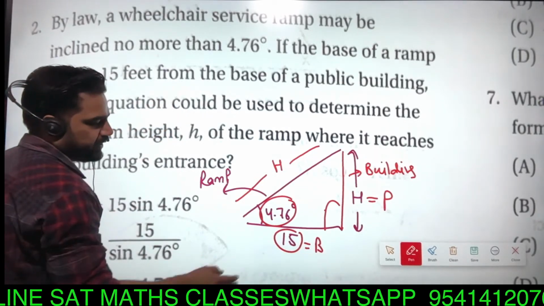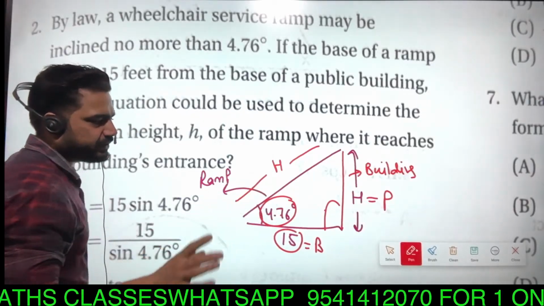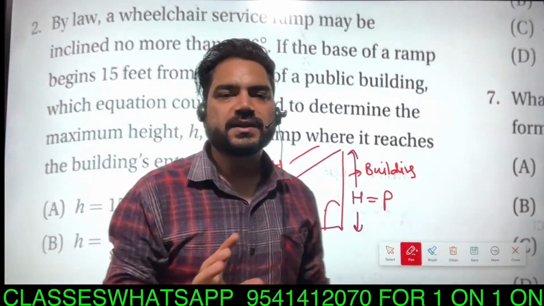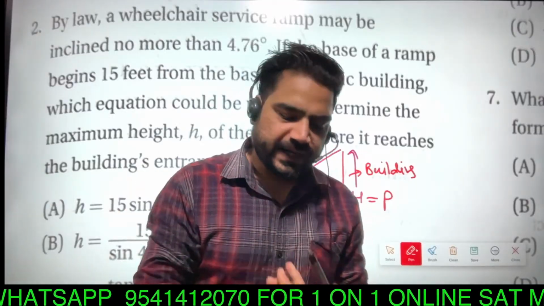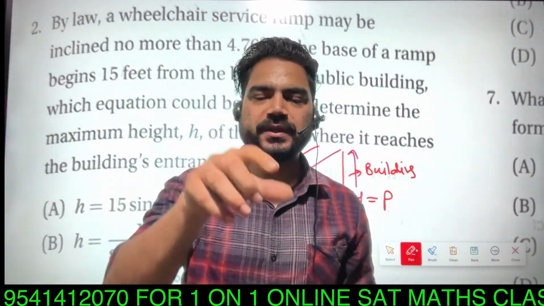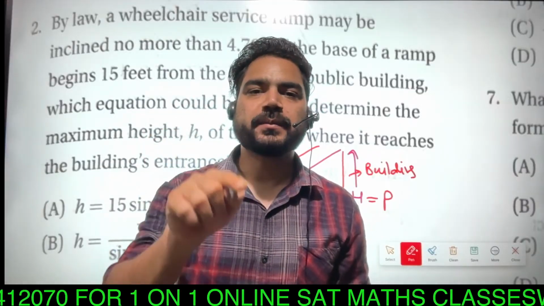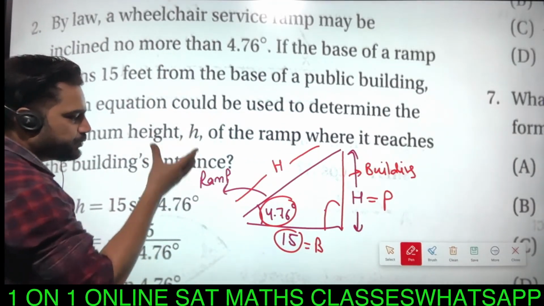In this question we have the base and the perpendicular, that is the height. We know sin theta is p by h, cos theta is b by h, and tan theta is p by b. Since we have p and b, we will directly use tan theta.